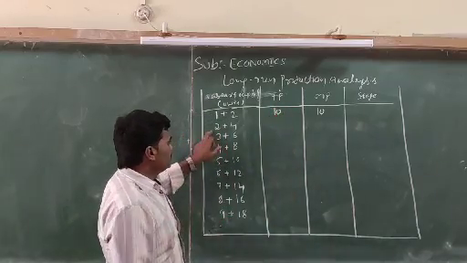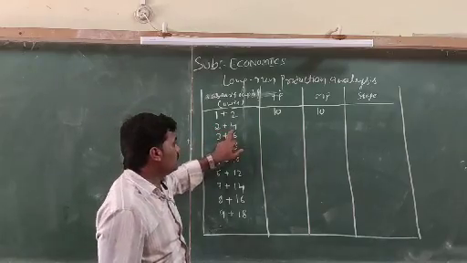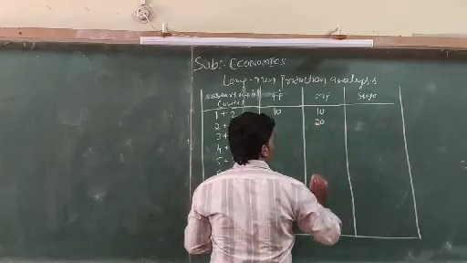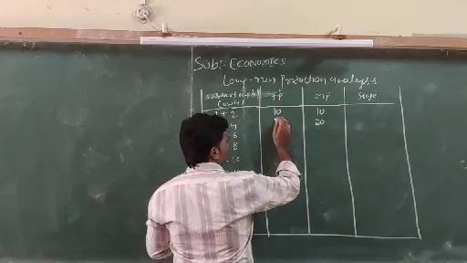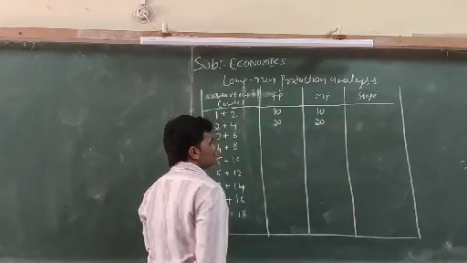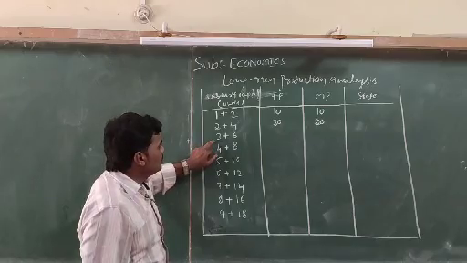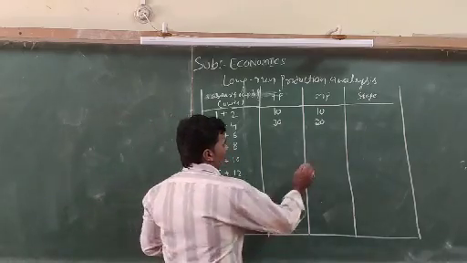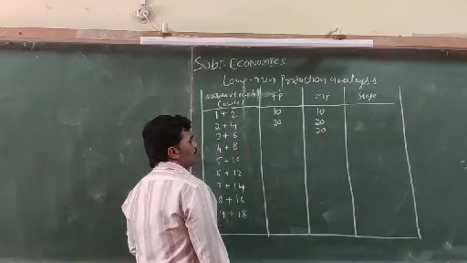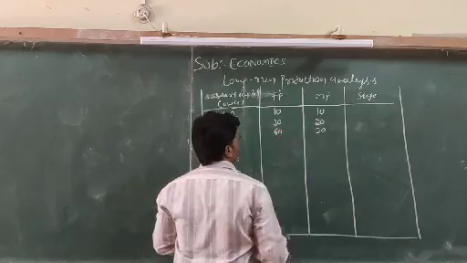In the second combination, with 2 units of labor and 4 units of capital, the marginal product increases to 20 units and the total product is 10 plus 20, 30 units. Then with 3 units of labor and 6 units of capital, the marginal product increases to 30 units and the total product is 30 plus 30, 60 units.